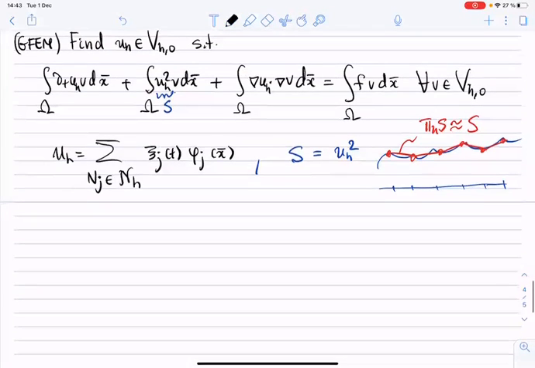And again, if we use the definition of interpolant, the interpolant is an element from the finite element space.